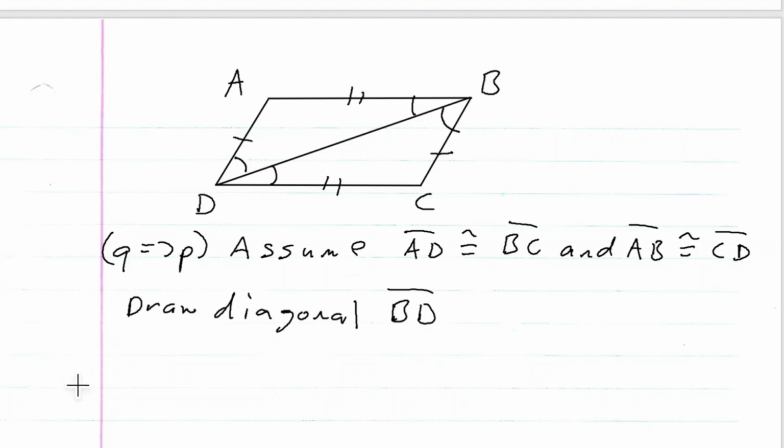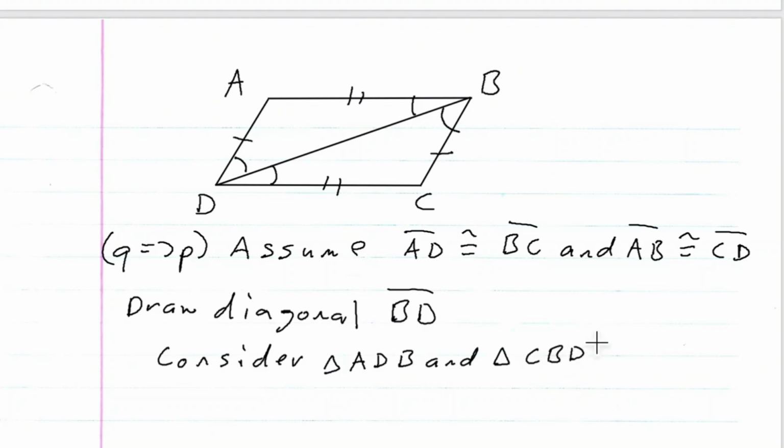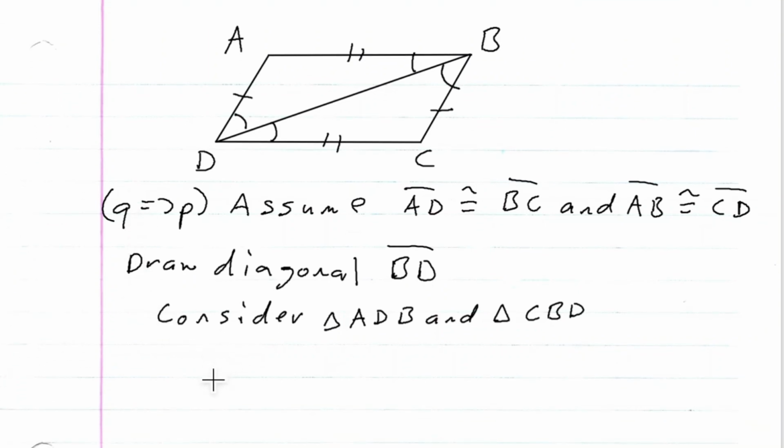So let's consider triangle ADB and triangle CBD. I know that AD is congruent to BC.